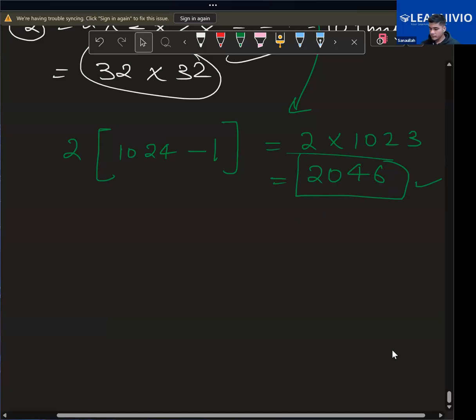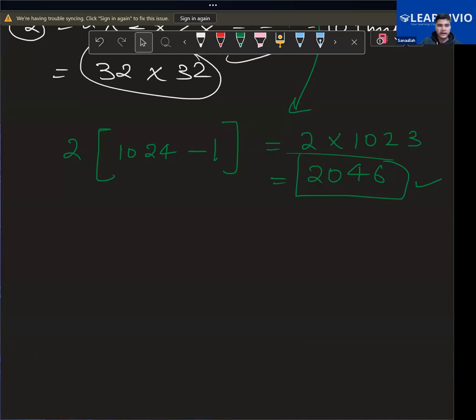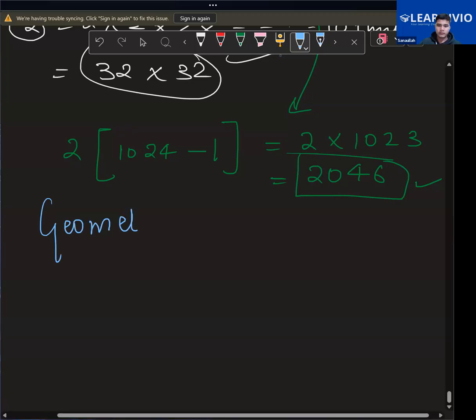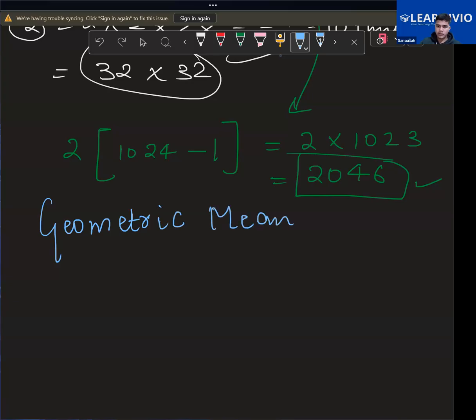Now let's move to the next topic, that is geometric mean. So what do you mean by geometric mean? If you have two positive numbers A and B, then the geometric mean is the number root AB.